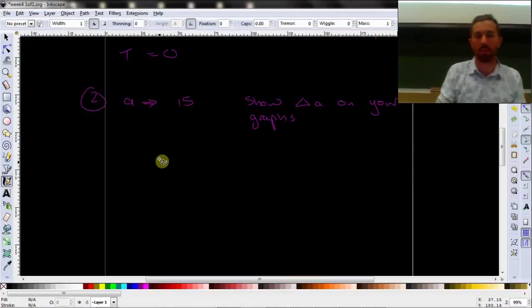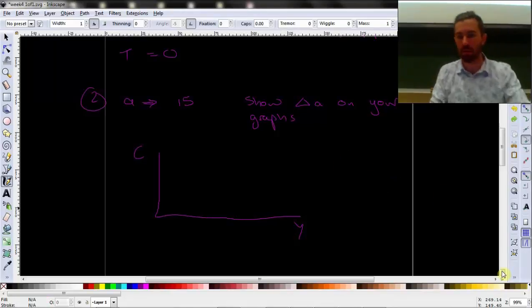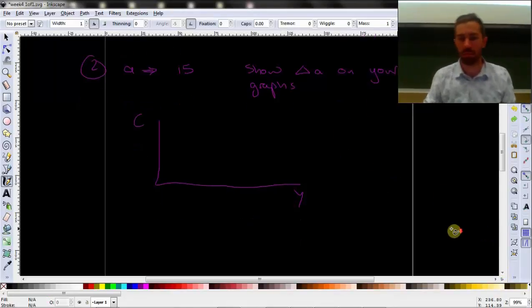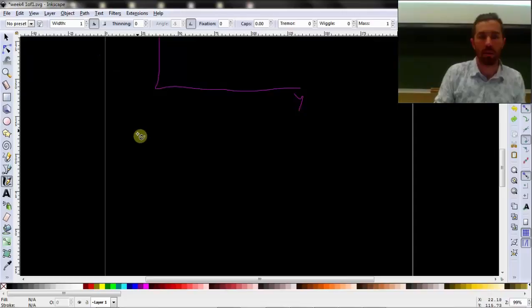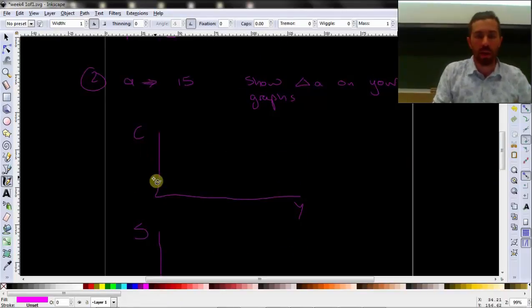so the consumption function, if we're plotting output against consumption, and underneath this a savings function. So we've got output versus savings. Let's add a negative. Then our consumption function should have an intercept value here of 10.